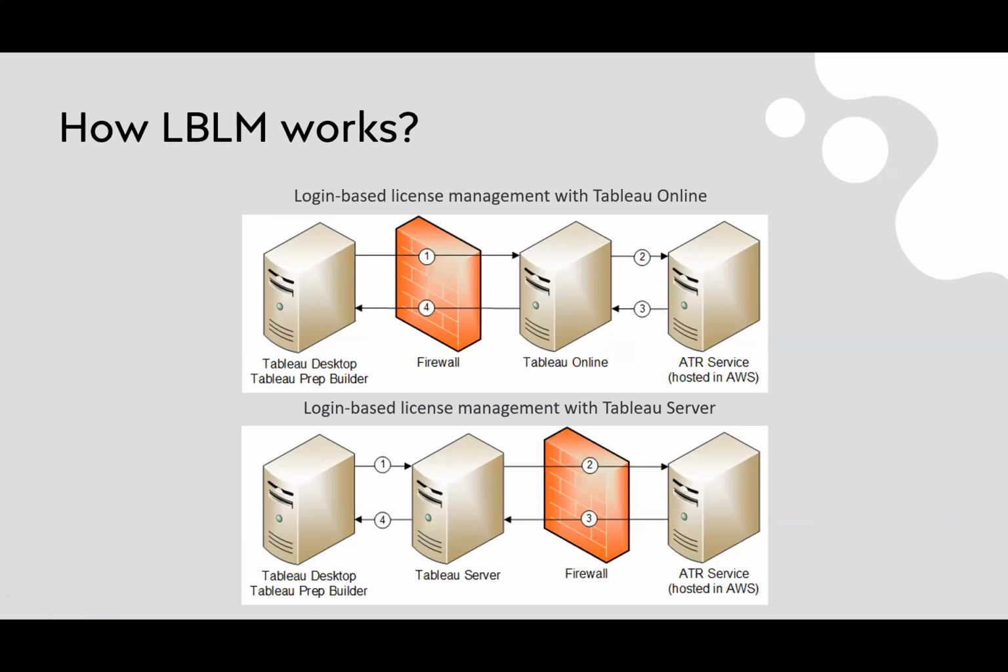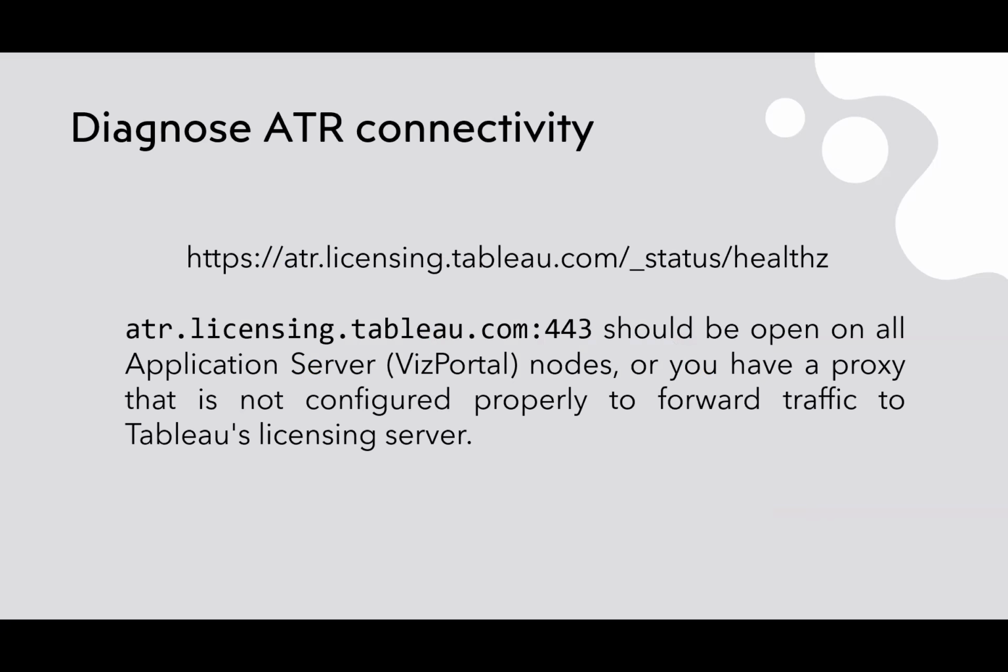How do we know that our firewall is open and it is able to talk to the ATR service, which is managed by Tableau? In order to diagnose the ATR connectivity, we have a URL where we can check the status health. If you hit this URL in your browser and get a status OK, that means it is able to connect to the ATR service and get the request by handshaking.